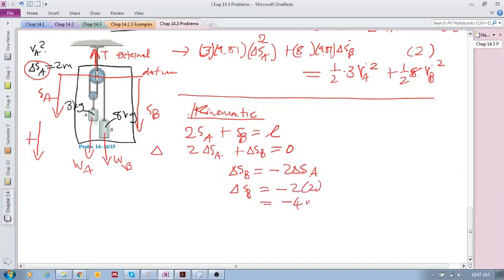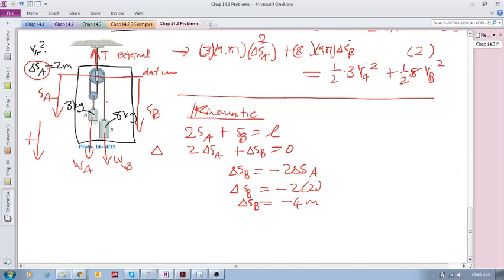minus 4 meters. By the way, I want you to take note here, and we'll see this a bit later. I have assumed that delta SA is moving 2 meters down in the positive direction, which means that based on the relationship between these two, delta SB is moving minus 4, which means it's moving up 4 meters.